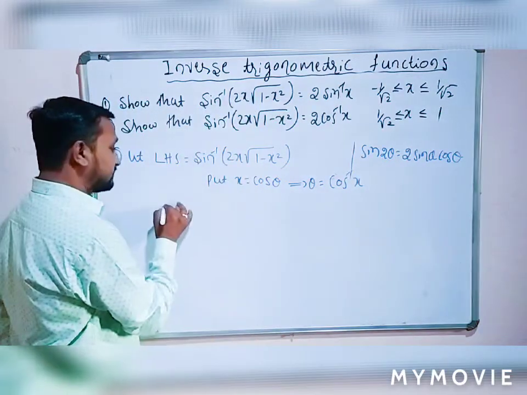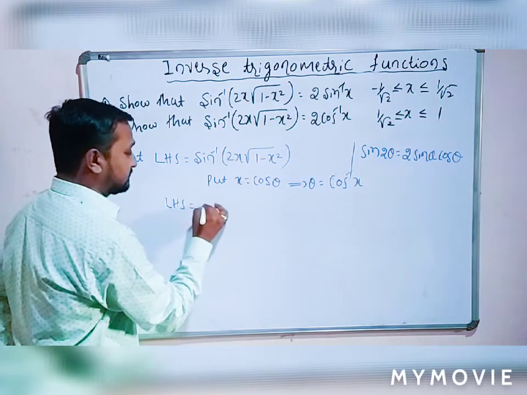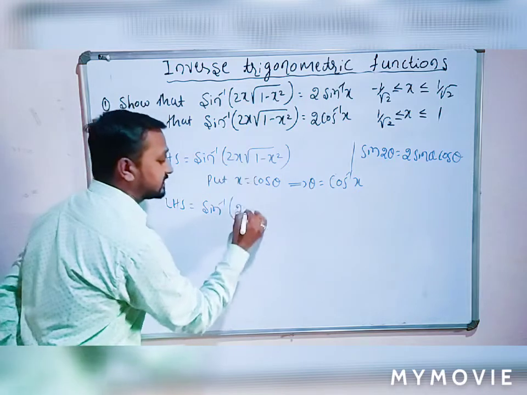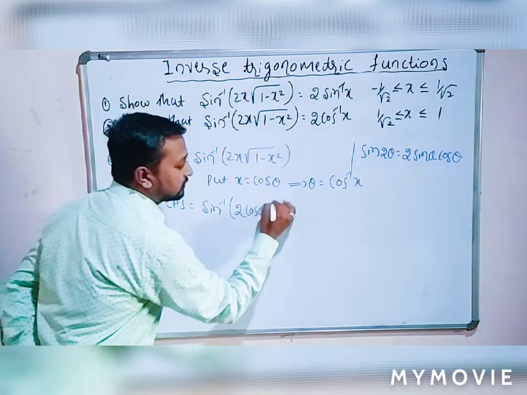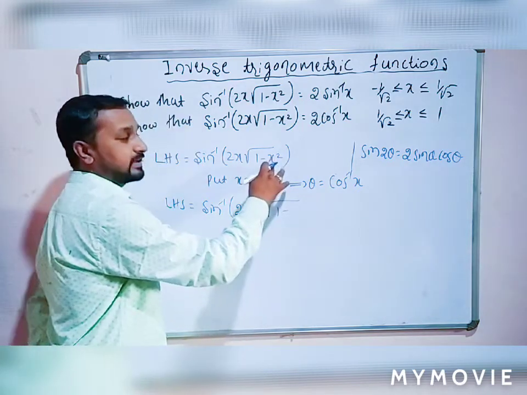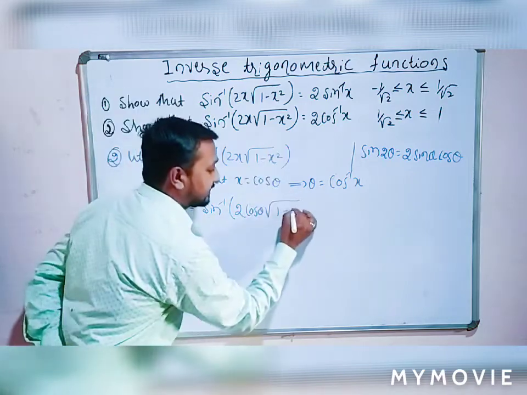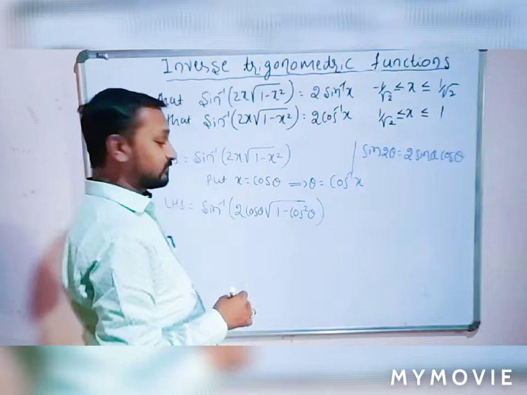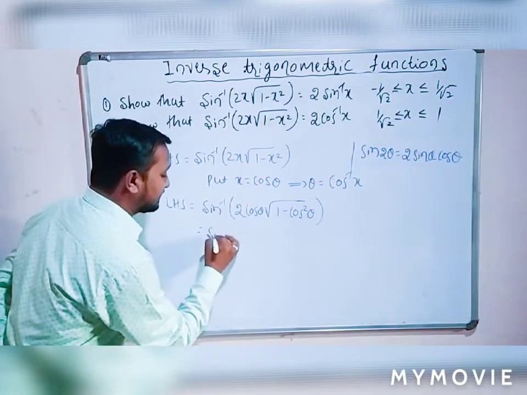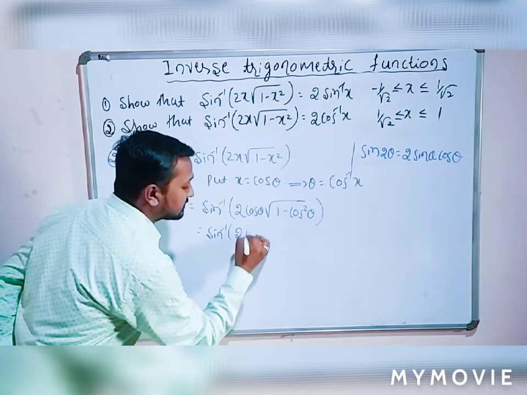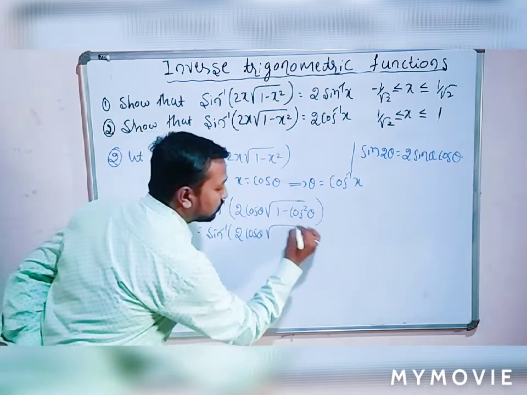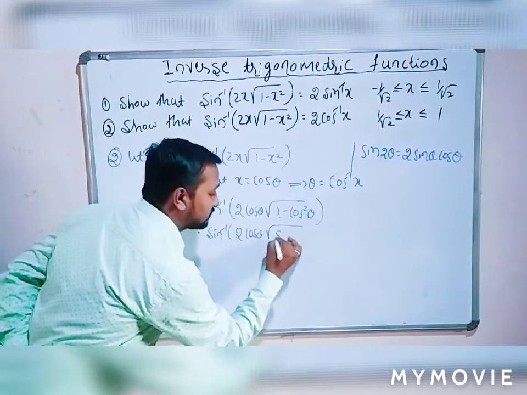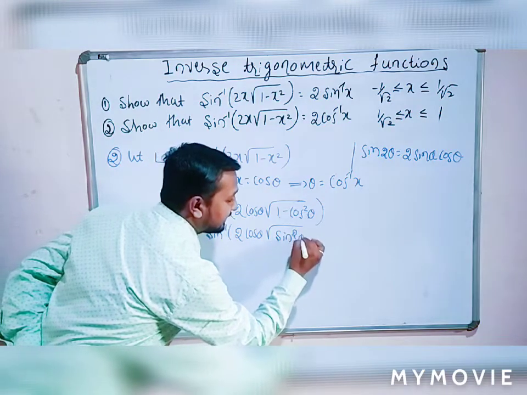Then your LHS becomes sine inverse of 2 into x, which is cos theta, and root of 1 minus x square is root of 1 minus cos square theta. Then sine inverse of 2 cos theta as it is, and 1 minus cos square theta is sine square theta by trigonometric identities.